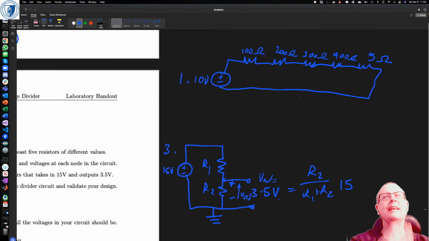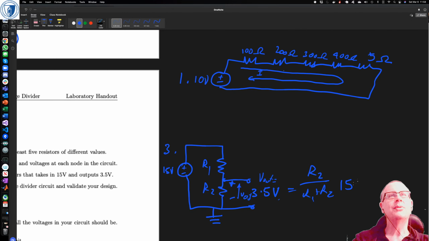Again, here I am expecting to see the mesh defined, mesh current I. There's only one, so you could call it I1, but I is fine as well. And then that defines your polarities.